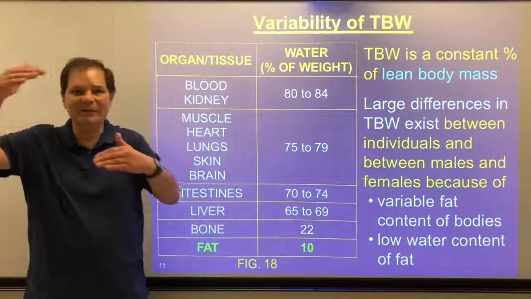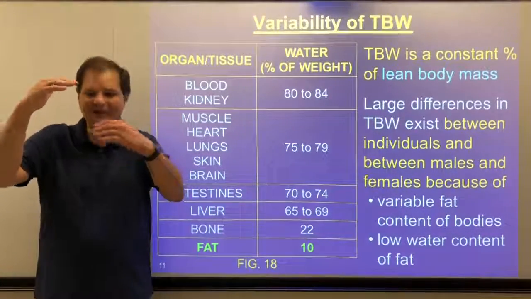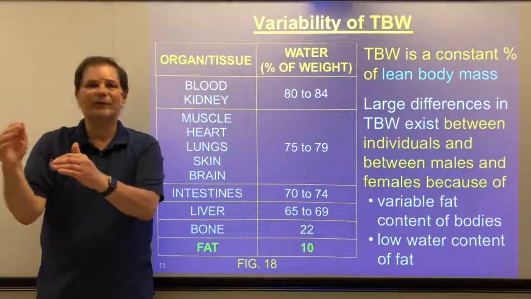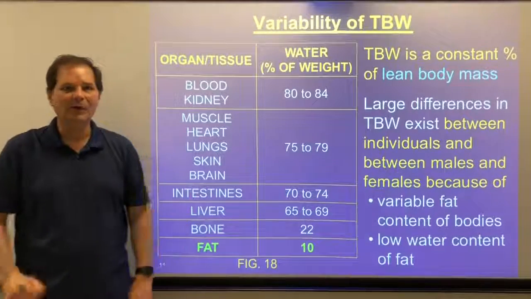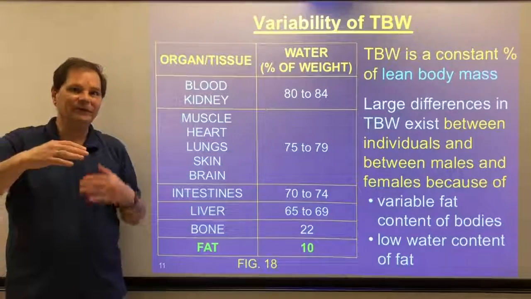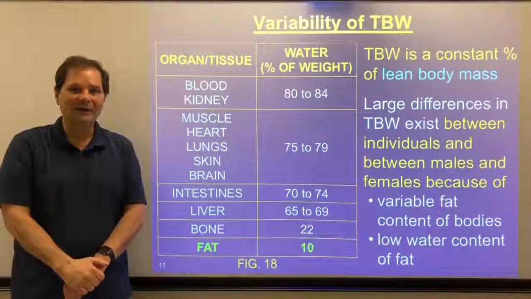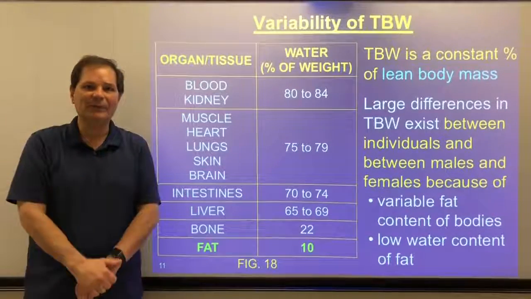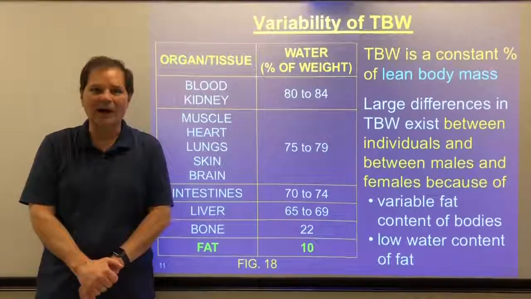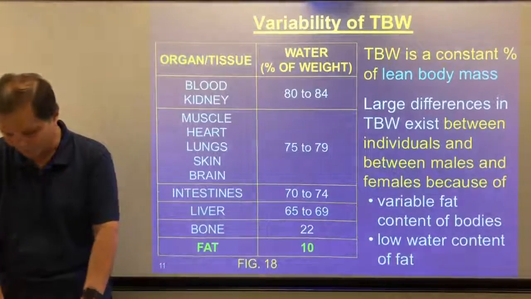So it's basically weight that doesn't really contribute to the total body water. And so as a result, what it's really doing is inflating the body weight, and therefore the percentage that's total body water will drop if there's a lot of fat around. All right?